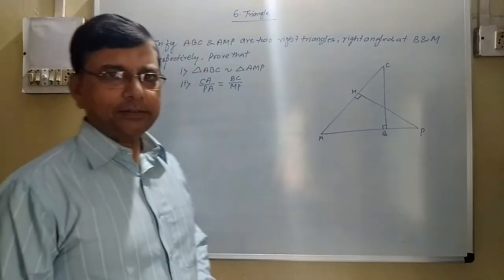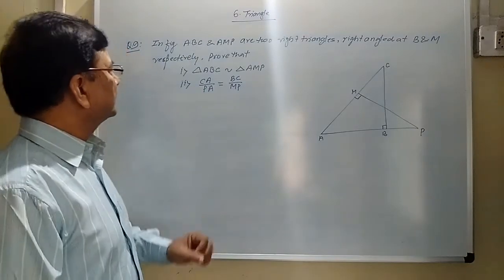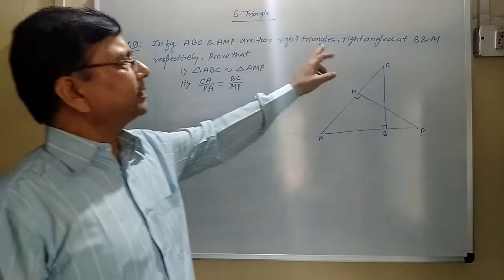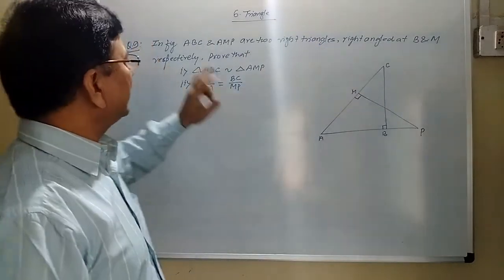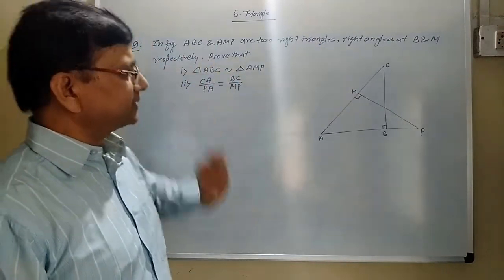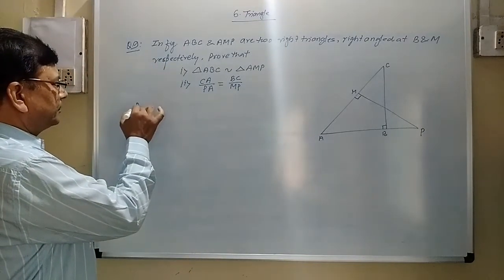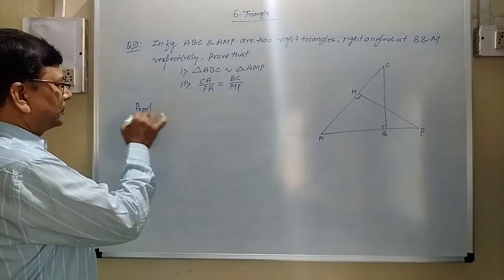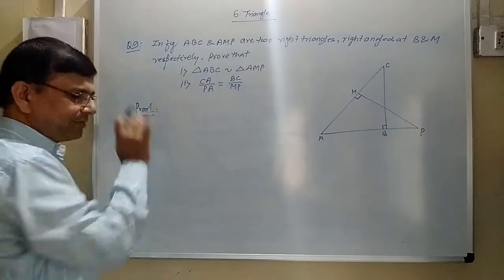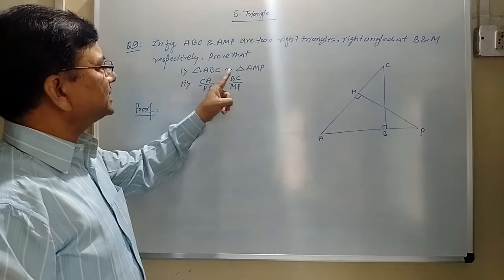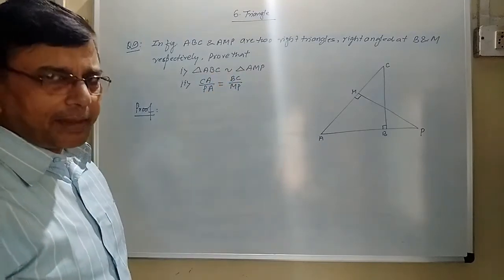Now we will take question number 9. In the figure, ABC and AMP are two right triangles, right angled at B and M respectively. Prove that this. Proof. Since we have to prove, we will write proof over here. We have to show triangle ABC is similar to triangle AMP.